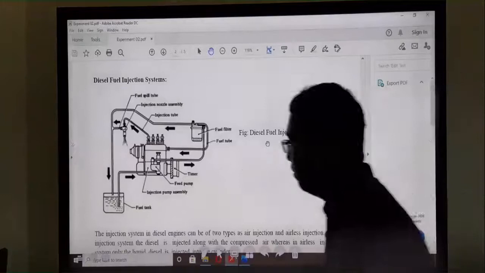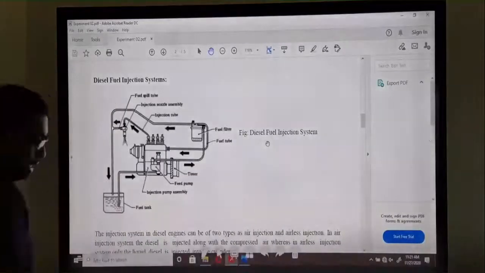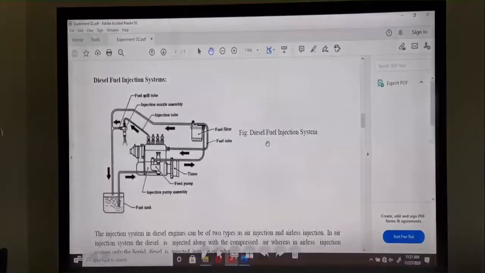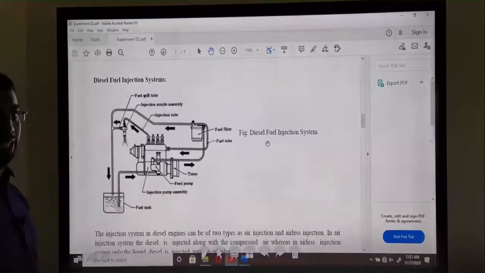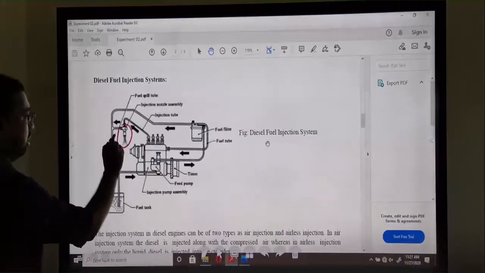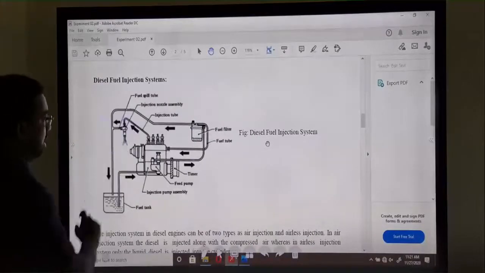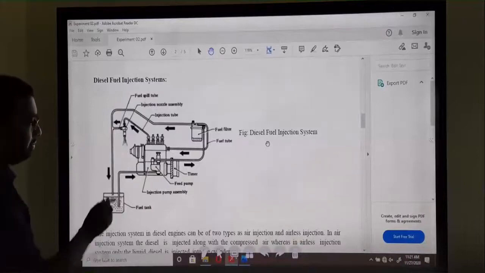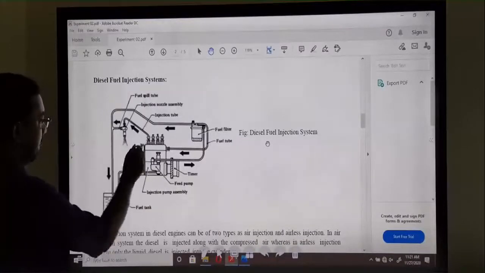So you can see in the diesel engine there is an absence of carburetor. Instead, we use the injectors. So these are the injectors. This is the injection pump.